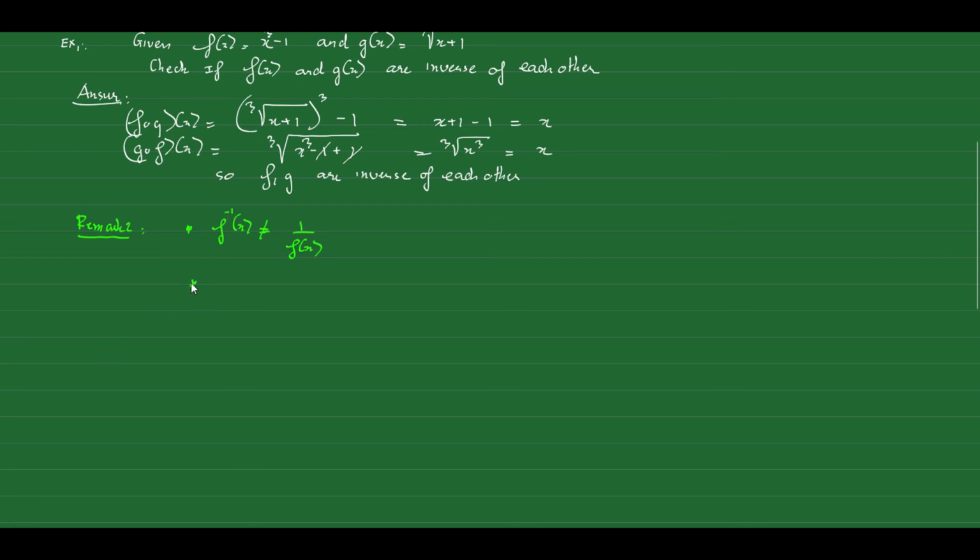And secondly, if f and g are inverses of each other, then the domain of f is the range of g, and the range of f is the domain of g.